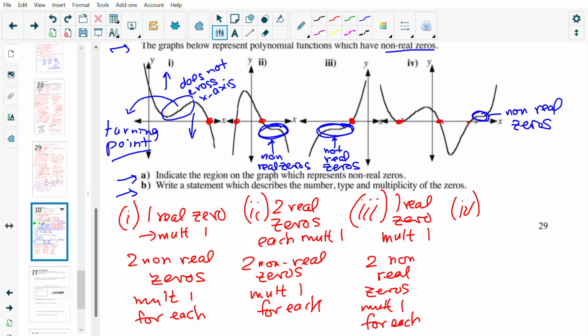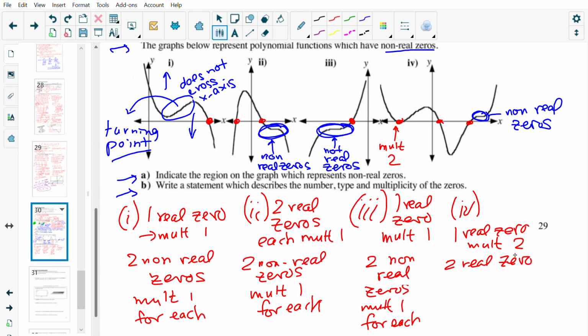And then 4. There's a 0, there's a 0, there's a 0. Okay. 1 real zero has a multiplicity of 2. Okay, that's the bounce one, so multiplicity of 2.